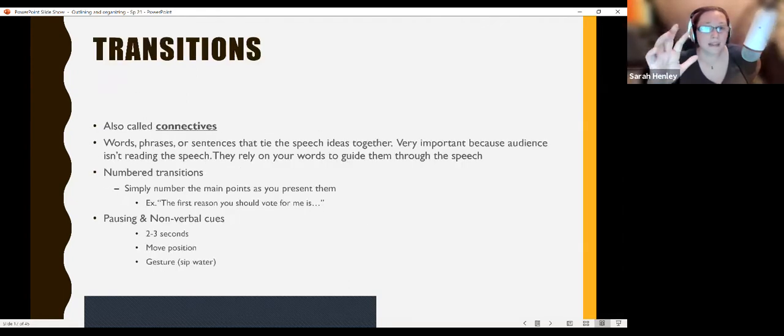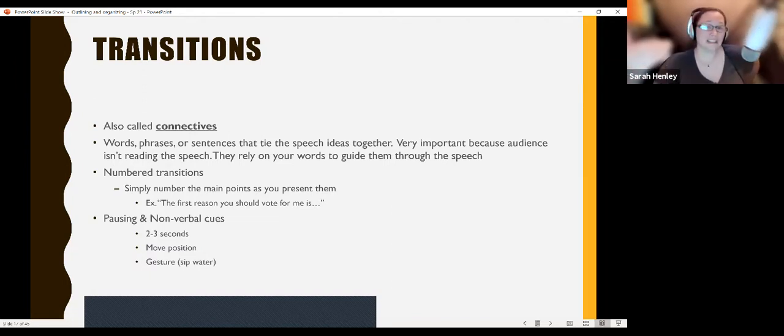All right, now this is a big piece of the whole outline structure, the whole speech giving structure, and that is transitions. I have said this before, but I'm going to say it again. Transitions are so important in speech because they tell your listener where you are going, because usually they cannot see your speech unless you have given them an outline.